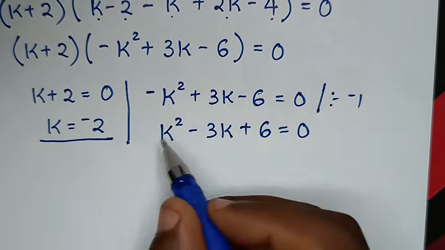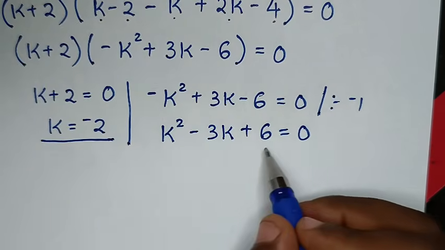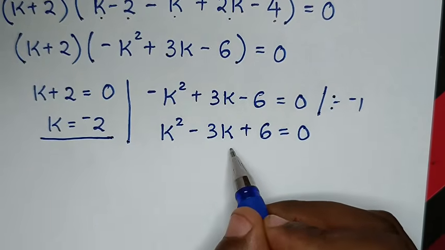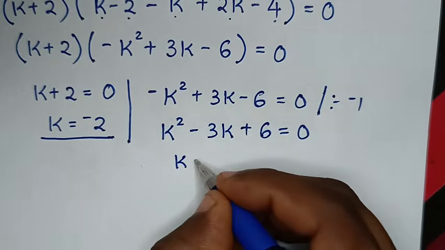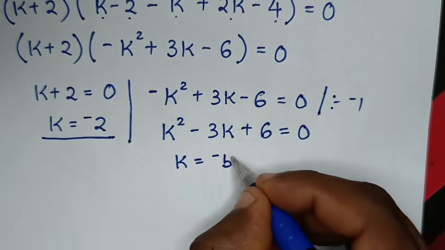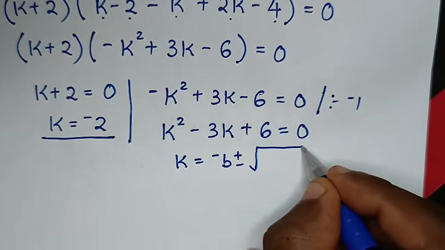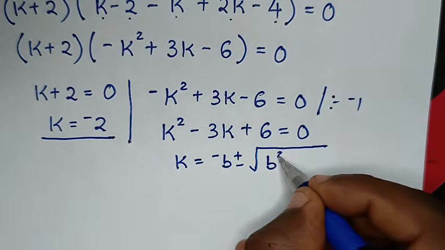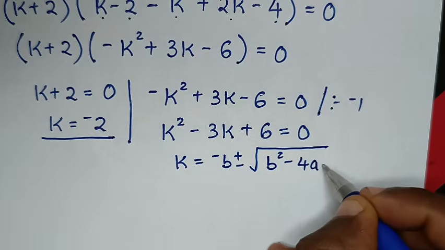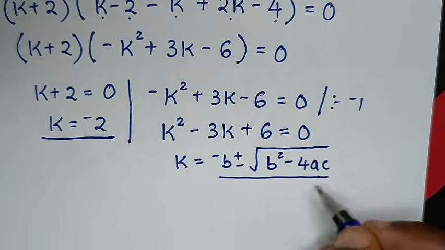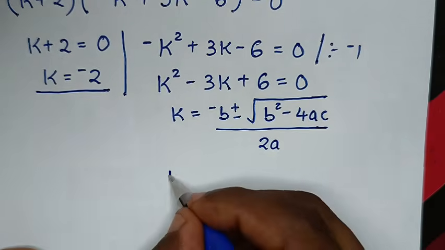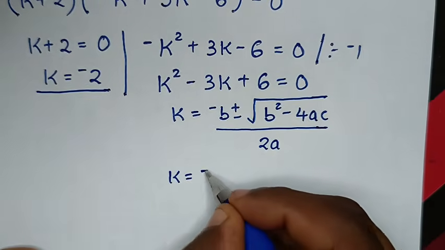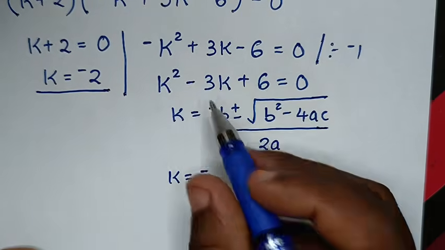Then from this quadratic equation, we'll solve by using the quadratic formula. So from the quadratic formula, to find the values, k is equal to negative b plus or minus square root of b square minus 4ac over 2a. So here k is equal to minus b, where b is the coefficient of k, which is negative 3.